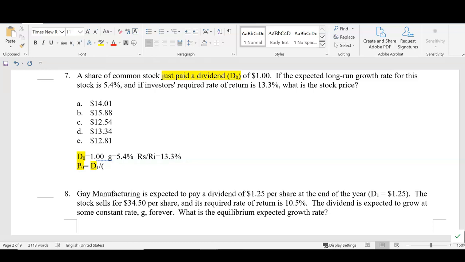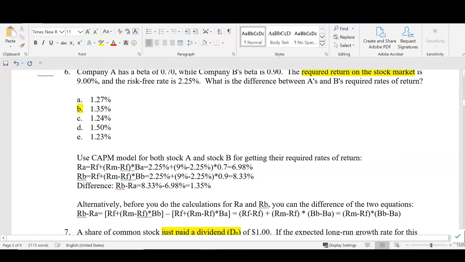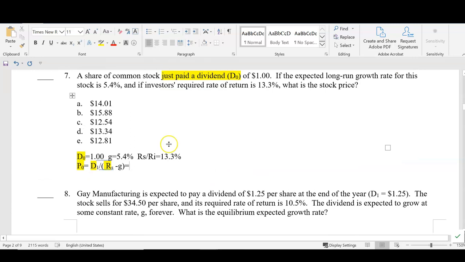over RS minus G. So our constant growth model tells us that P0 equals D1 over RS minus G. So we can just use 13.3% minus G, 5.4%, divided by, excuse me, I need to use D1 divided by this.